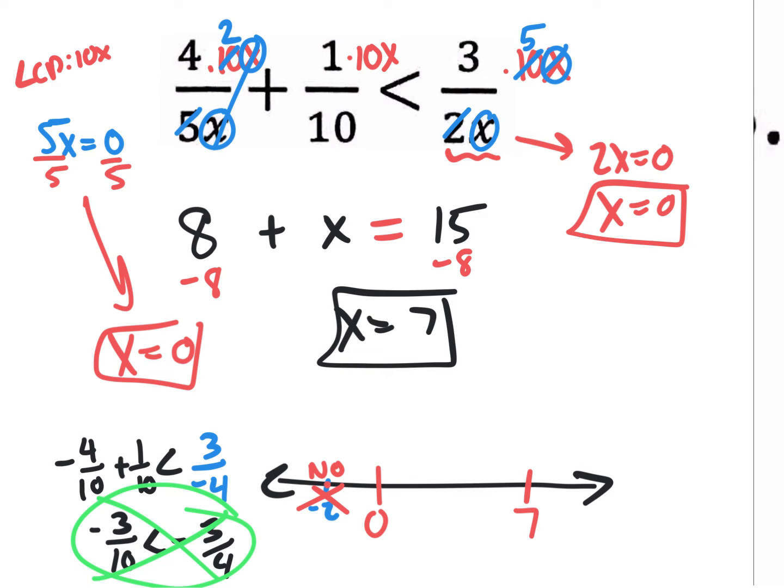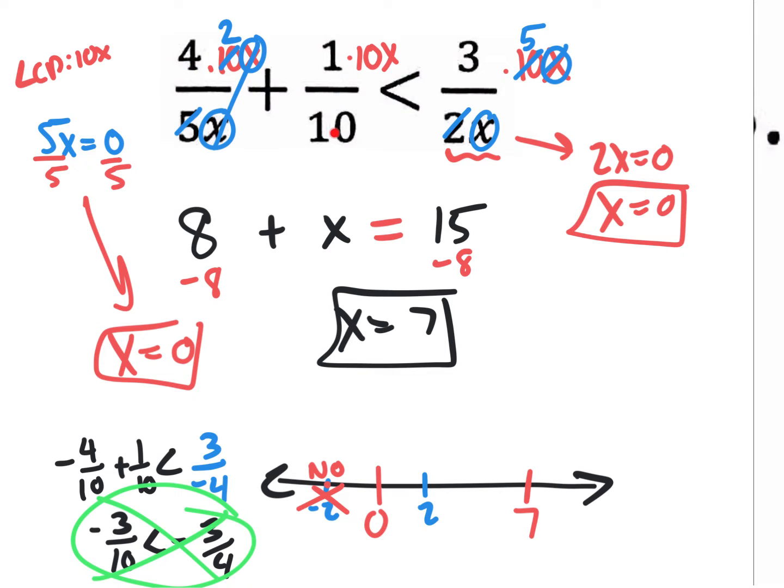So now let's test a value that's between 0 and 7. Anybody? 2. That's a great choice. Let's plug in a 2 right there. When I plug in a 2 right here, it'll be 4 over 10, because 5 times 2 is 10. 4 over 10 plus 1 over 10. What is 4/10 plus 1/10? That's a common denominator already. 5/10, which is 1/2, right?